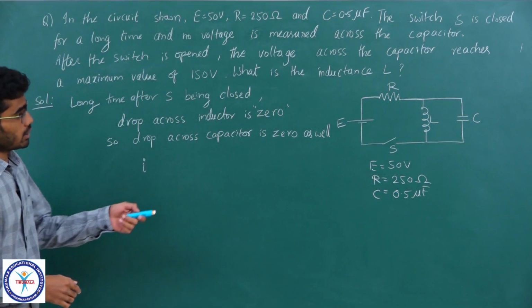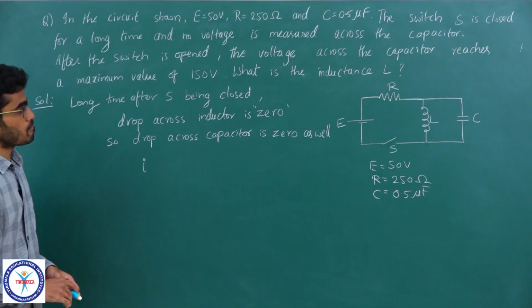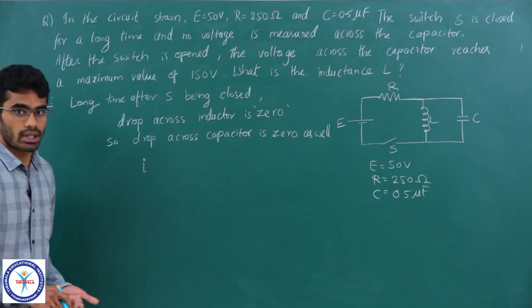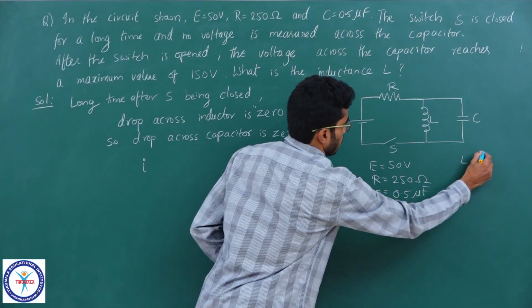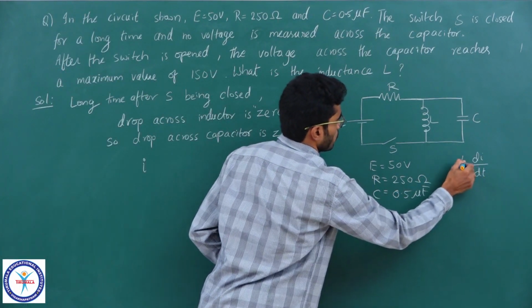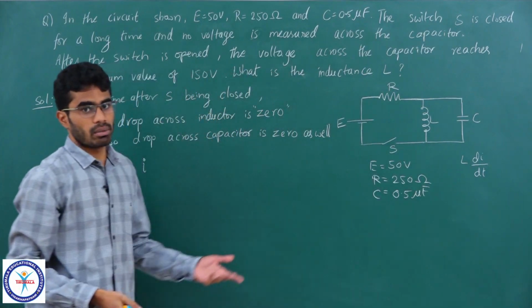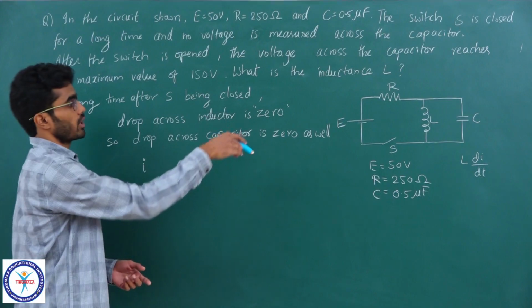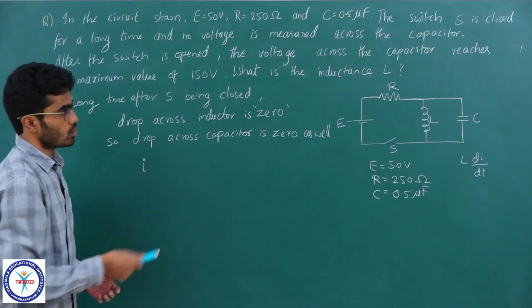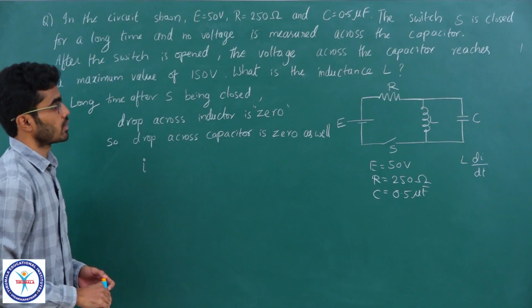So the drop on the inductor will be 0 because the current will be a constant. The drop is given by L di by dt. So after a long time, when the current becomes constant, di by dt will be 0. So there will be no drop across the inductor. So no drop across the capacitor as well.